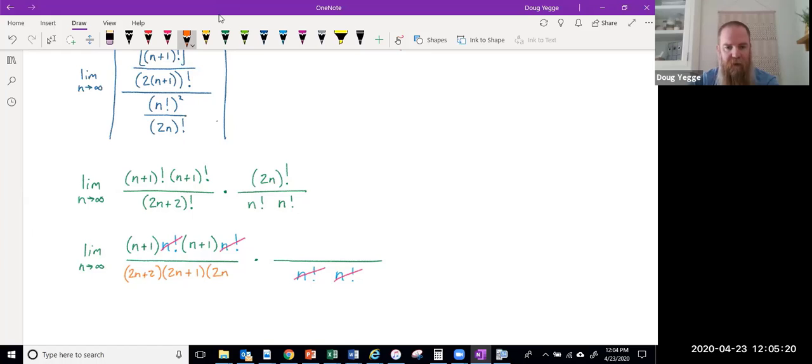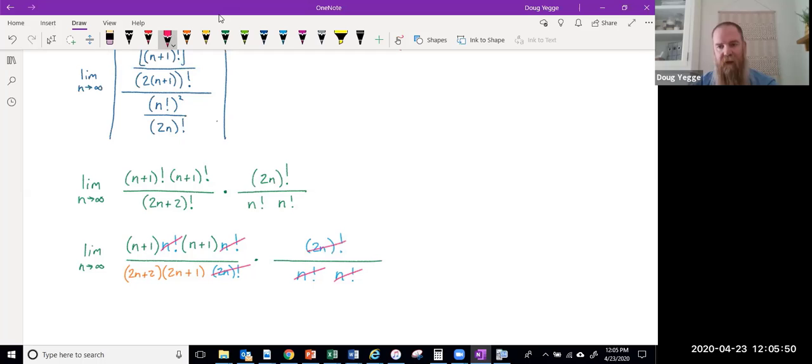But wait a second. From that point on, isn't that just 2n factorial? Once you get below 2n plus 1, this is now 2n factorial, because I've got to continue to go all the way down to 1. But look up here. This is also 2n factorial, which means that that whole factorial cancels as well.